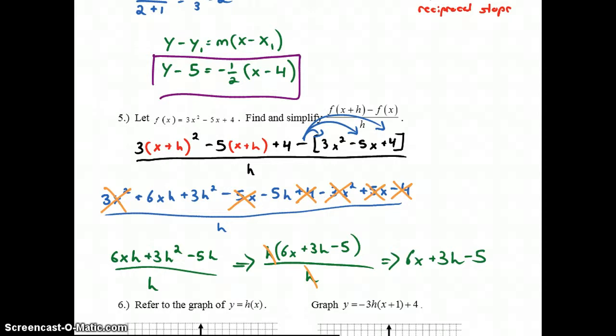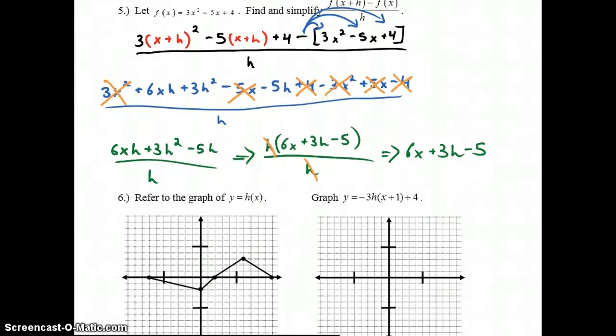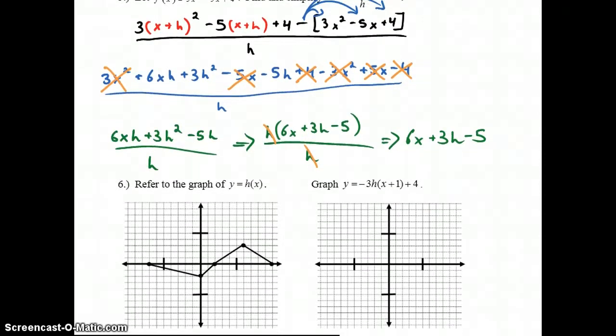Let's move on to problem number 6. I've got the graph of an equation, and I want to do some transformations. For example, this plus 1 is going to move the graph left 1. This negative 3.